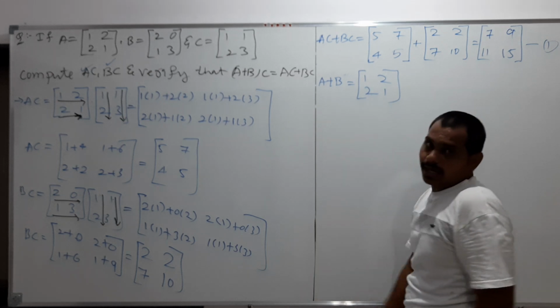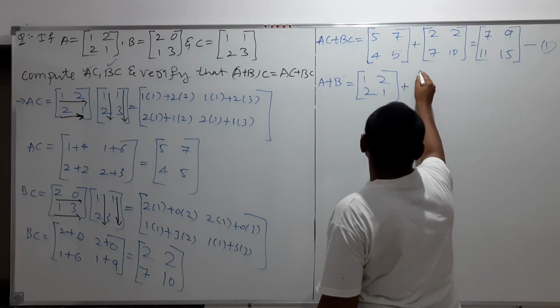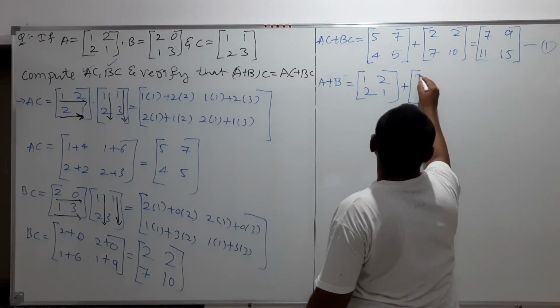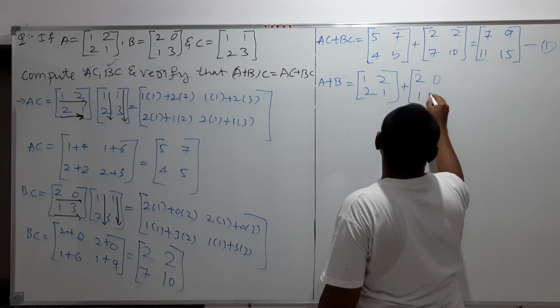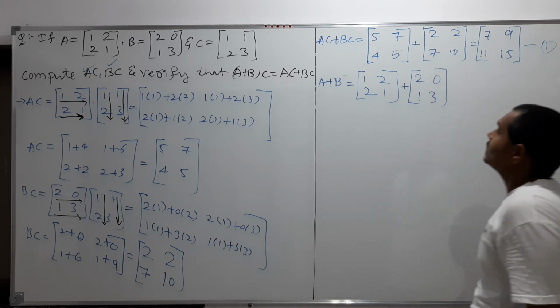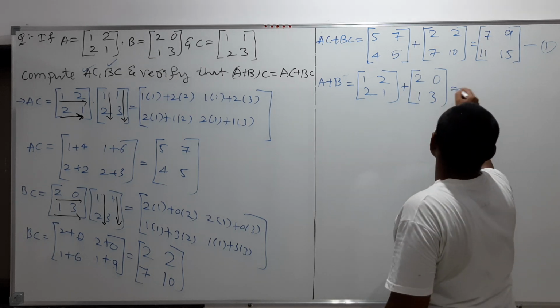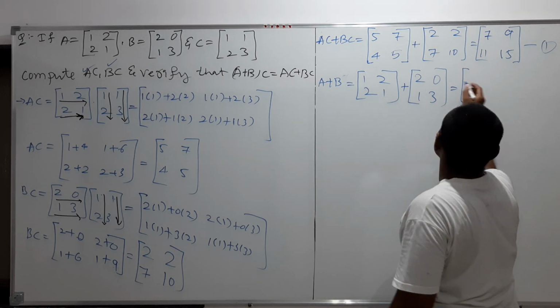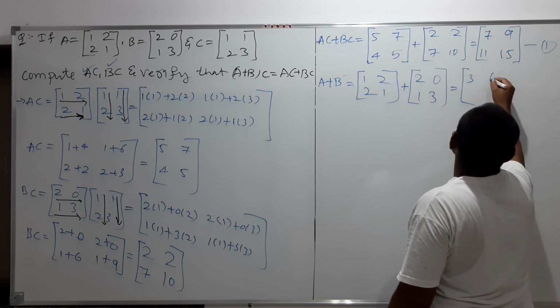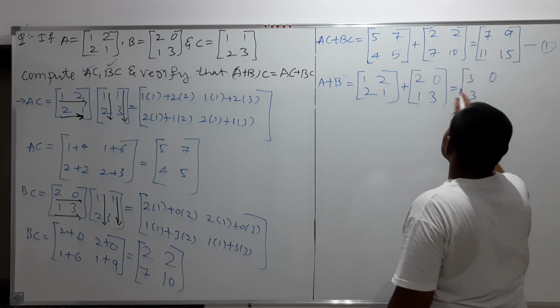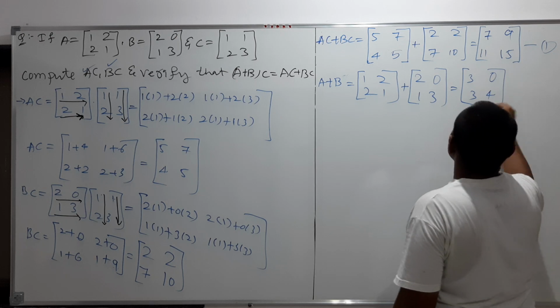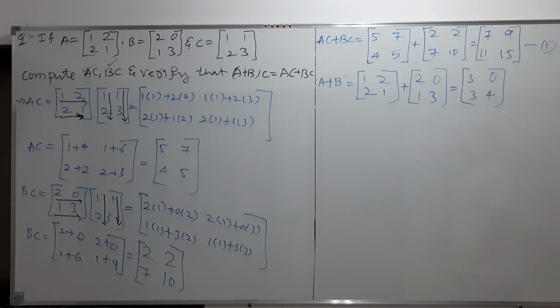This is your matrix A. I should add it with the matrix B, plus B is 2 0 1 3. That is, we should add these two matrices. So this is equal to 1 plus 2 is 3, 2 plus 0 is 2, 2 plus 1 is 3, 1 plus 3 is 4. This is your A plus B.